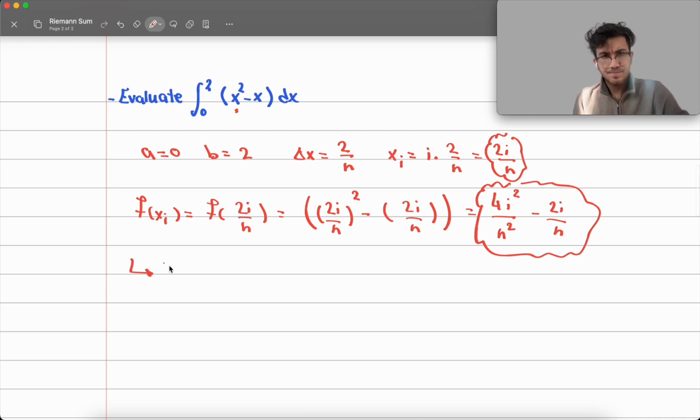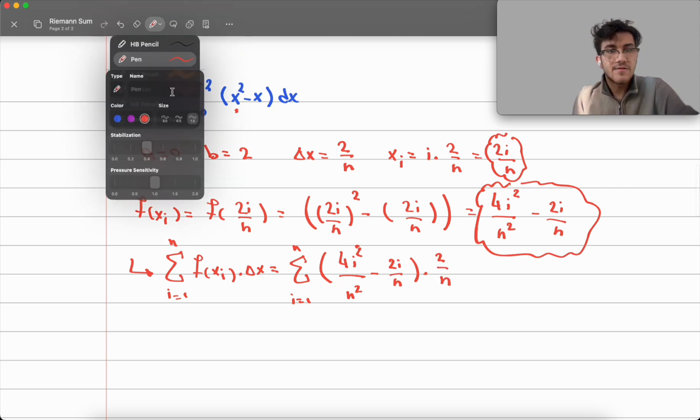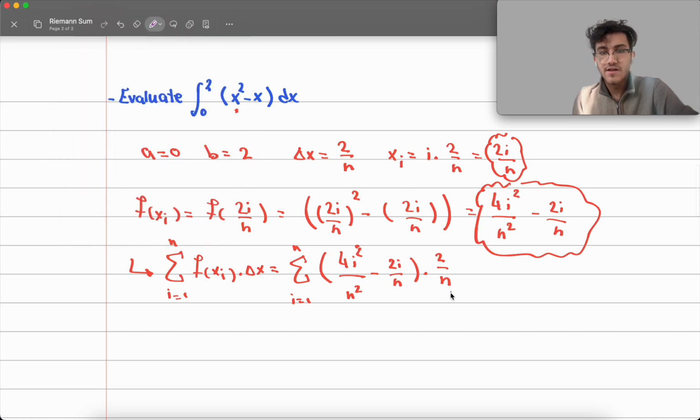And then the thing that I need is the sigma sign. So the sum from i equals 1 up to n of f of x sub i times delta x. This would be the sigma of 4i squared over n squared minus 2i over n times my delta x, which is 2 over n. As I said before, this 2 over n should be multiplied by each term, once by this one and once by this one.